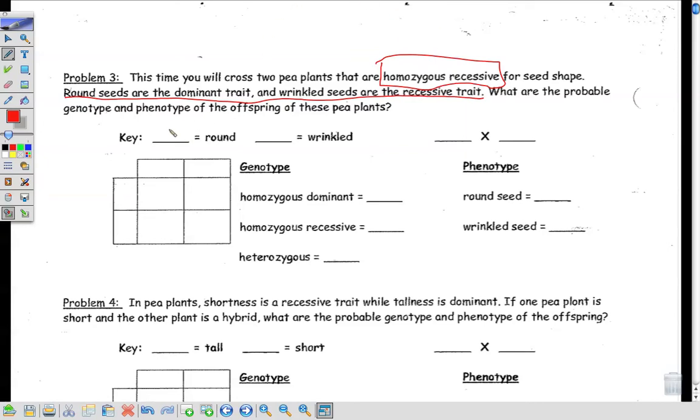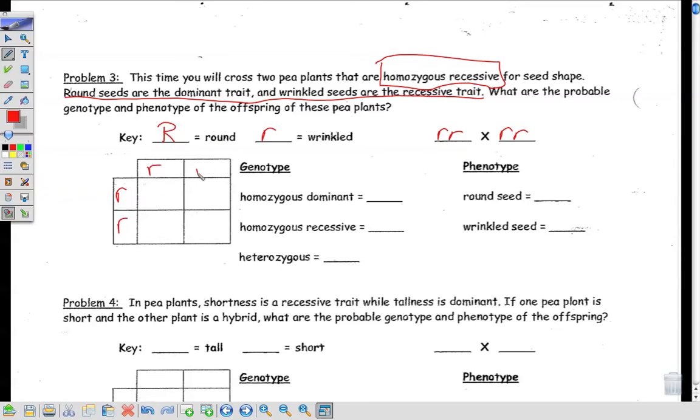So round, I'm going to use the letter R. So a capital R for round because it's dominant, a lowercase r for wrinkled. Our parents are both homozygous recessive, which means that they have two lowercase letters. So again, I'm going to write parent 1 here, parent 2 here.